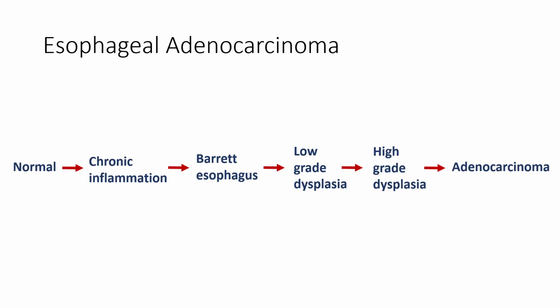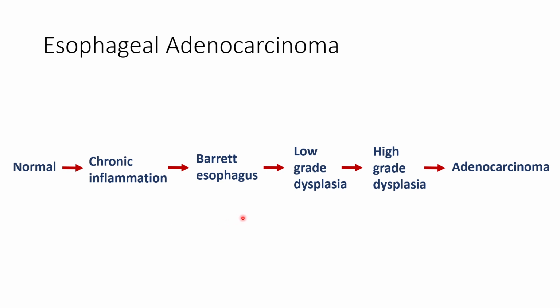This slide illustrates the stepwise progression from normal esophagus to esophageal adenocarcinoma. So chronic inflammation of the esophagus, as occurs in chronic reflux esophagitis, can lead to intestinal metaplasia or Barrett esophagus.